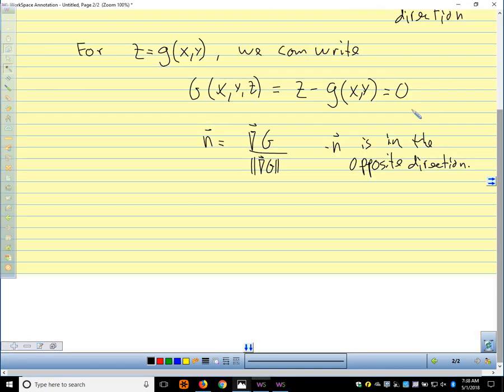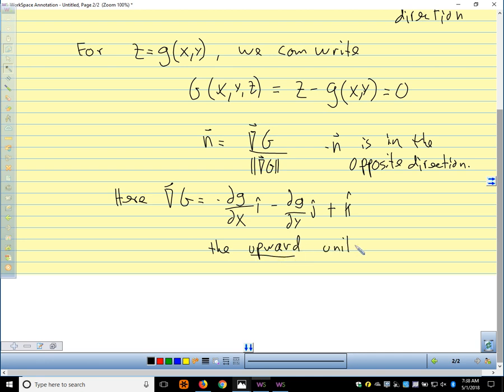I just want to point out, to make this connection again, del G is negative dg/dx i hat minus dg/dy j hat plus k hat. This is our gradient, and we call this the upward unit normal vector, because k hat is positive.